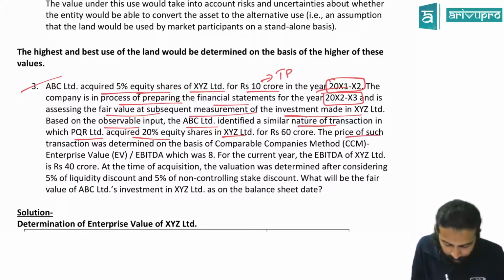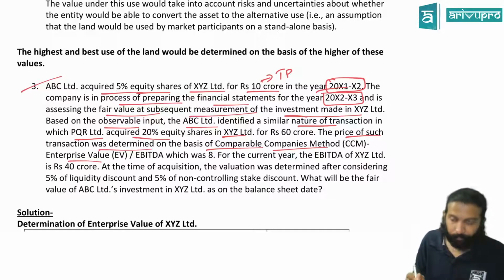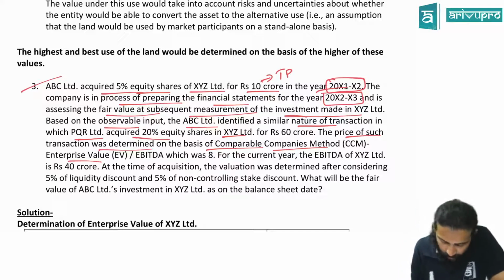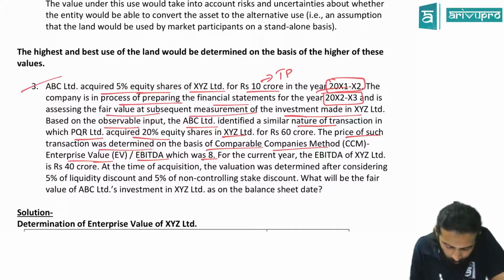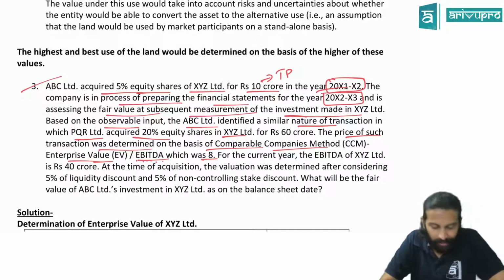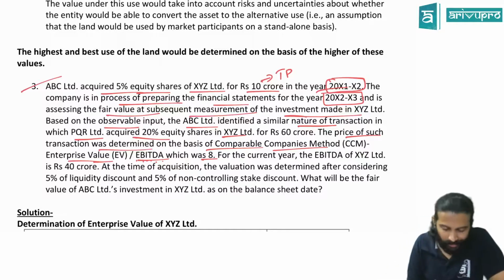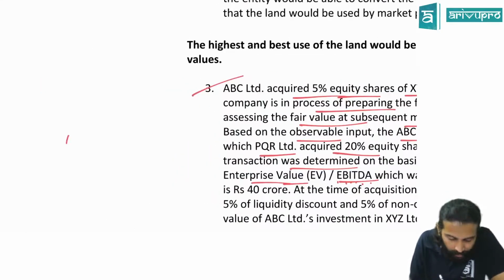The price of such transaction was determined on comparable companies method, CCM enterprise value. What they're saying is, enterprise value divided by EBITDA was 8. EBITDA stands for earnings before interest, tax, depreciation, amortization. So what they're saying is, enterprise value divided by EBITDA is 8. This is one market data.